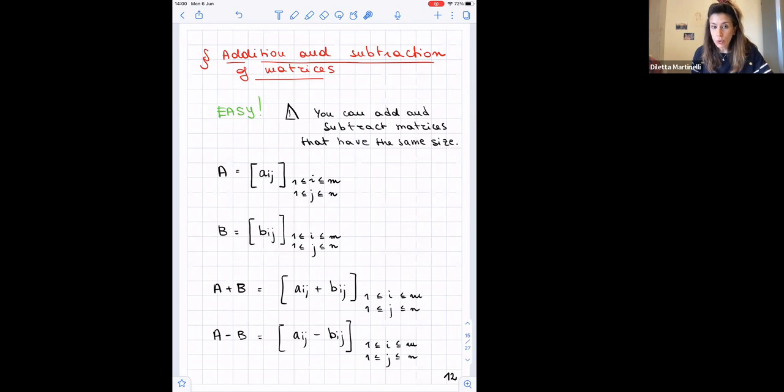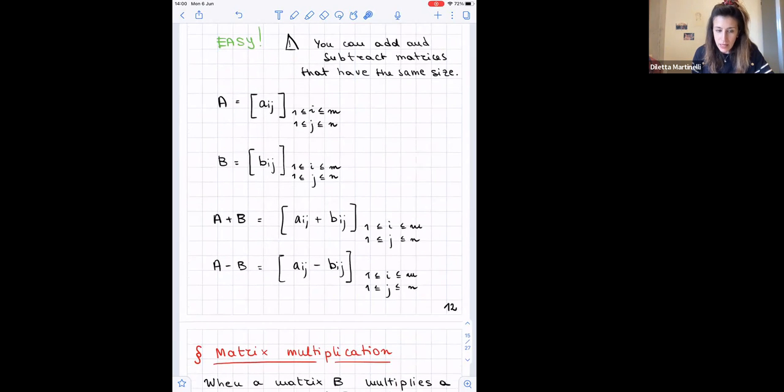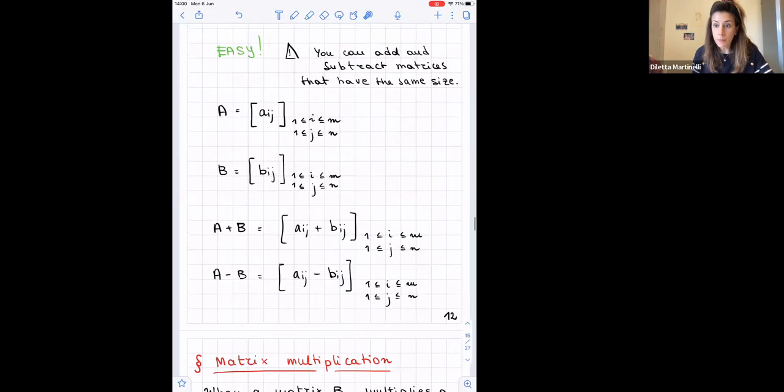Something slightly more complicated is the multiplication between two matrices, and that's what we want to do now. To understand matrix multiplication, it might be useful to remember the interpretation of matrices as operators.